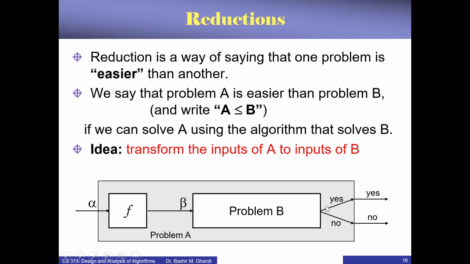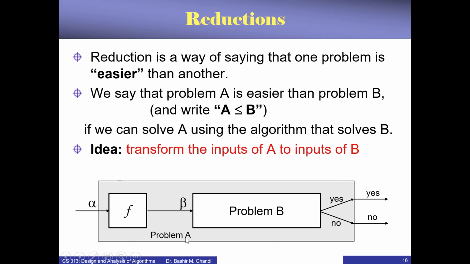We know, of course, in all this classification we are talking about decision problems. The answer is always yes or no. So we have an algorithm that, if we give it input for problem B, can tell us yes or no as the answer. And now look at the bigger box.